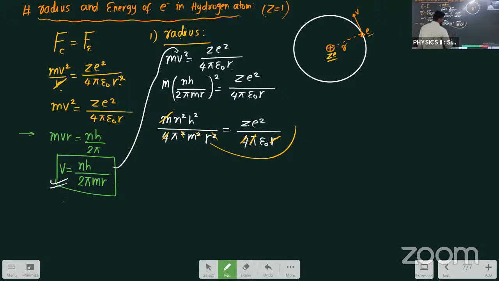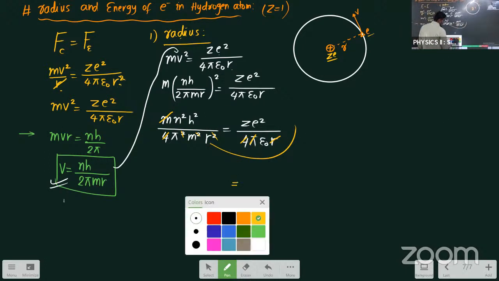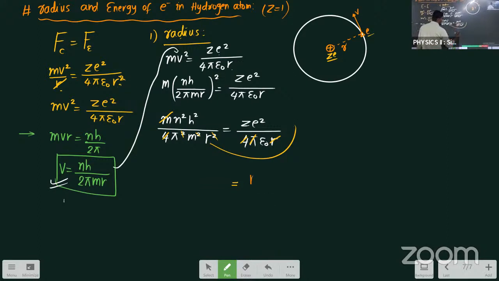The denominator r goes over, so this becomes r into Ze square divided by epsilon naught. Here we are left with n square h square divided by, one pi is left, and m is left.